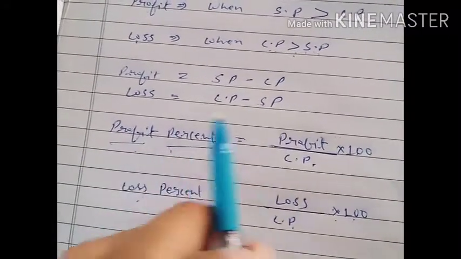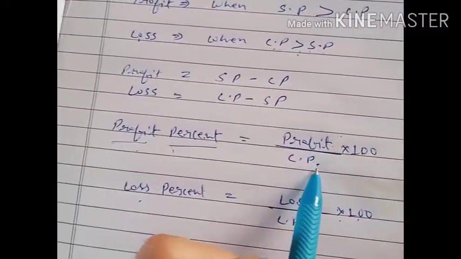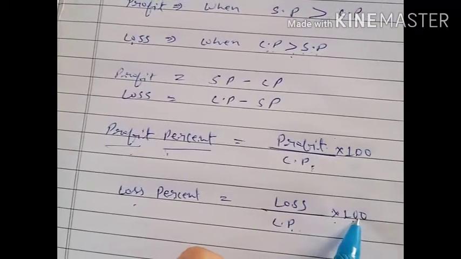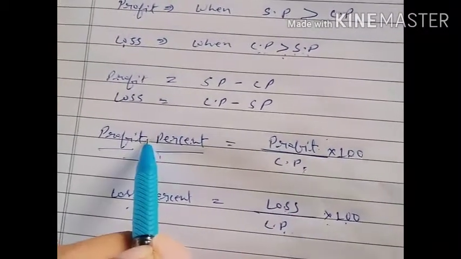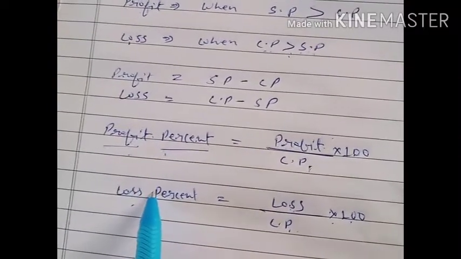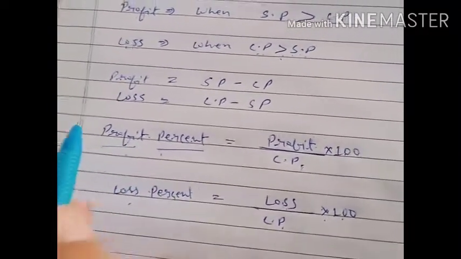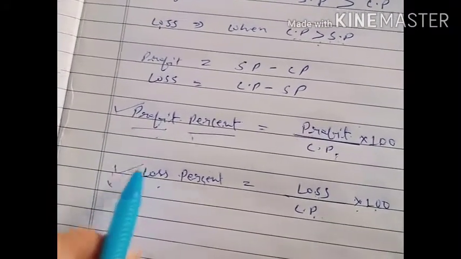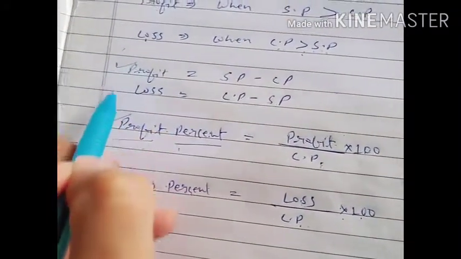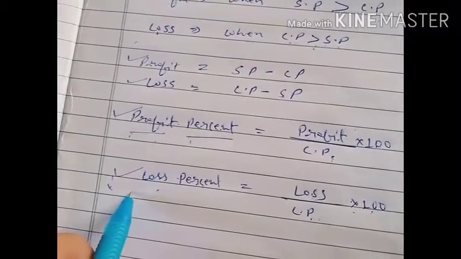When we are finding profit, we write profit here, and the rest of the things are the same. Just profit and loss will be changed when we are finding the profit percentage or loss percentage. So all these are profit, loss, profit percent, loss percent.